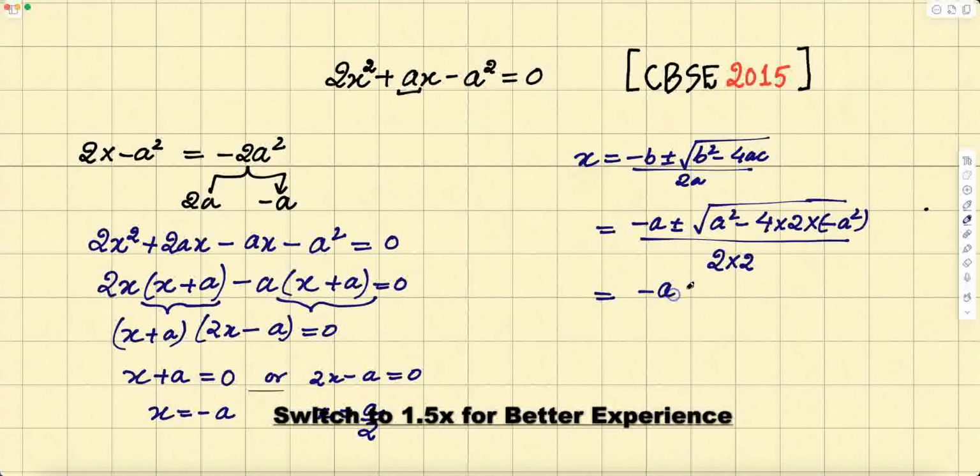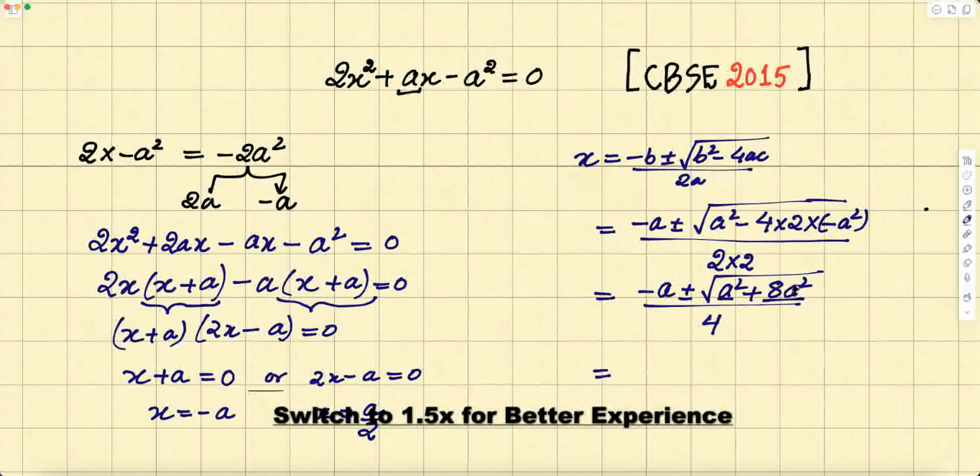So let's expand everything. You will write it as minus a plus minus root over a square plus 4 into 2, and minus will become plus, 4 into 2 is 8. We will write it as 8a square. The denominator is equal to 2 times 2, which is equal to 4. Now we are getting a square here and 8a square here.